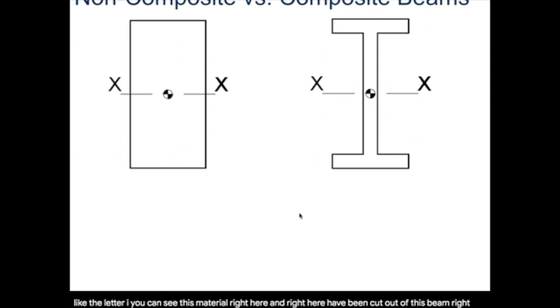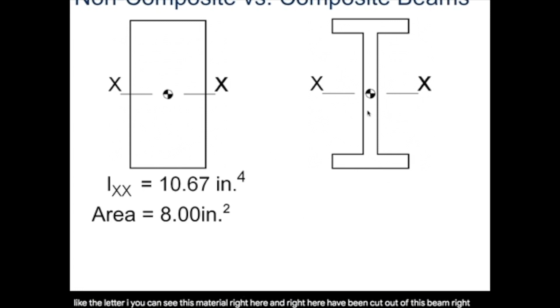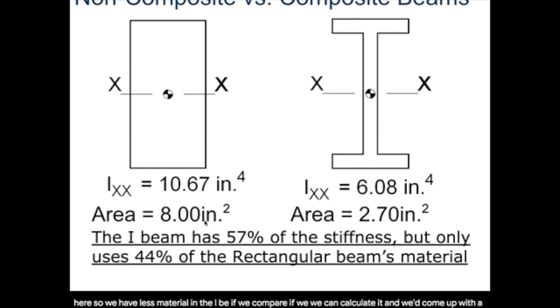So we have less material in the I-beam. If we calculate it, we come up with a moment of inertia for this beam of 10.67. The area of this material is 8 inches squared. We compare that to the area, 2.70 inches squared for the I-beam, and a moment of inertia of 6.08.